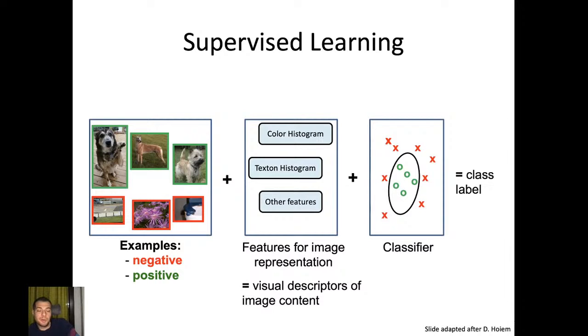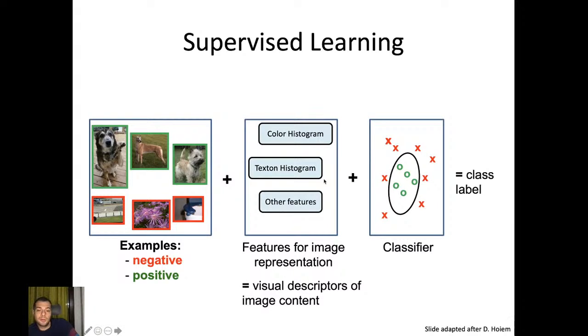So far we presented several classification methods, so the purpose is not to present another classifier today. We assume that we already know this part, and we're going to focus on the feature representation.